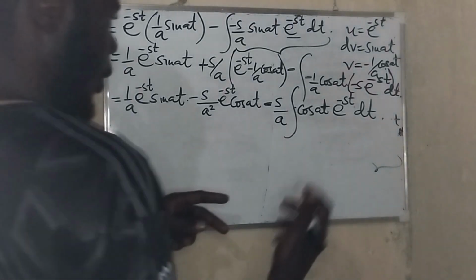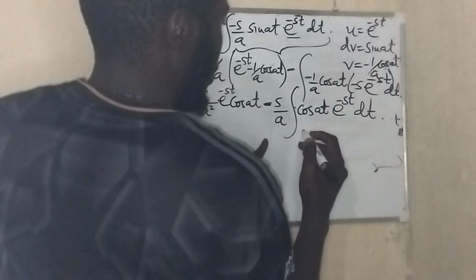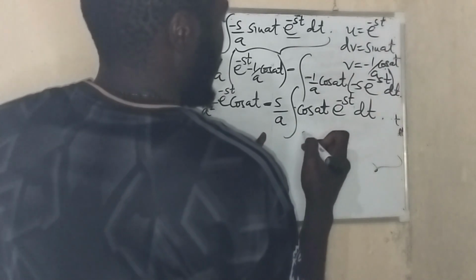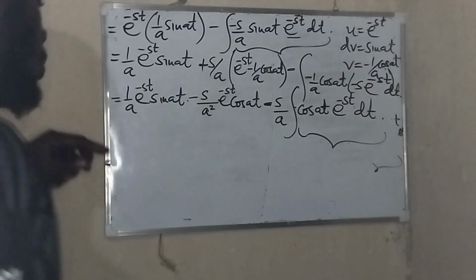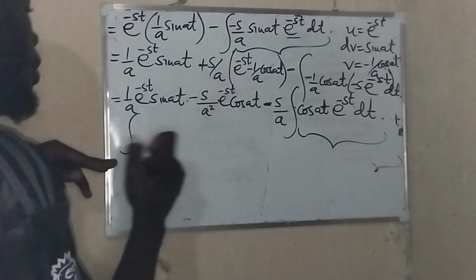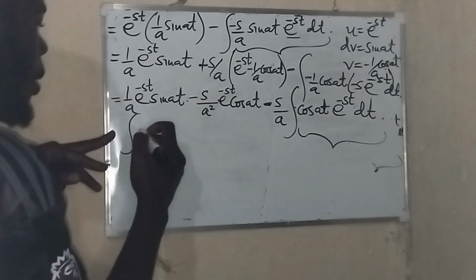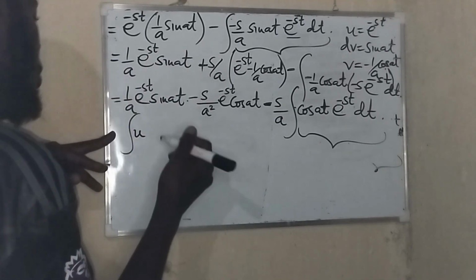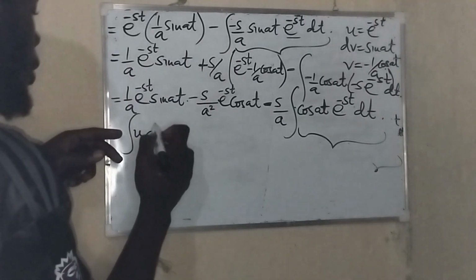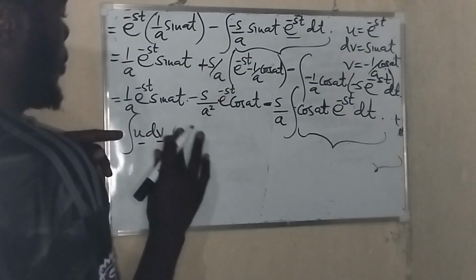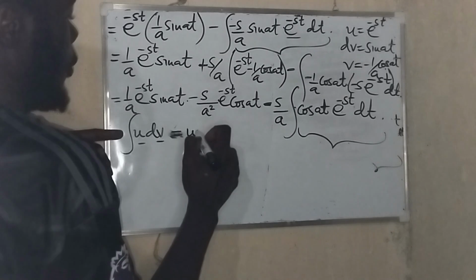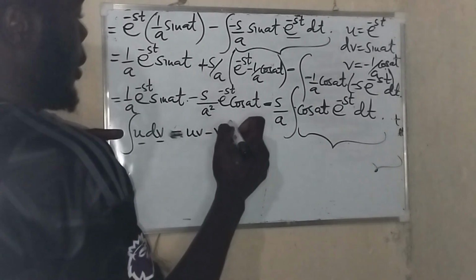So we find that this part is the same as the part where initially we started with u and dv, uv minus the integral of v du.